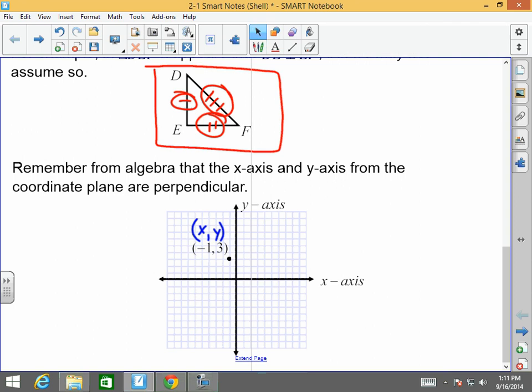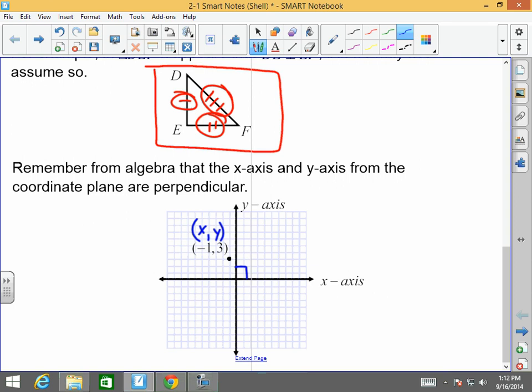But since the x-axis is horizontal and the y-axis is vertical, this is 90 degrees. That you do not have to prove. You can assume that because that is a fact.